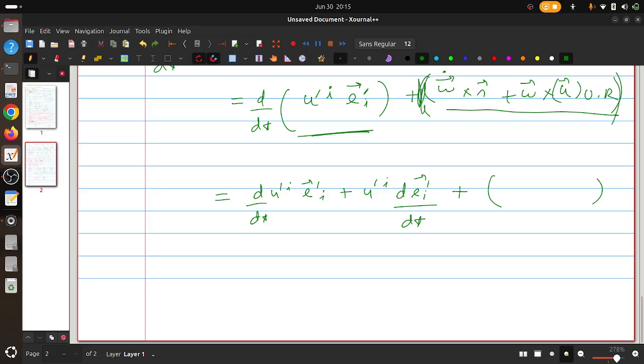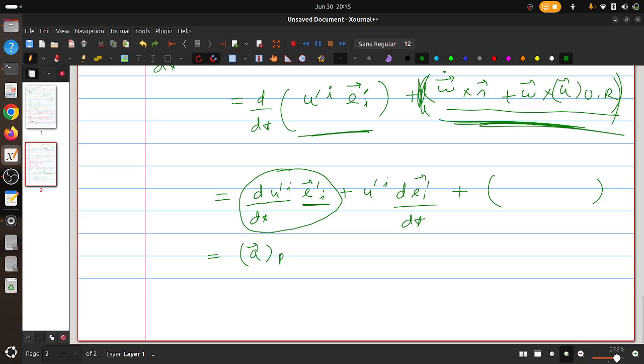So there is a single bracket here which represents this particular expression. So what is this first quantity? How do we identify this first quantity? So this is the derivative of the ith component of the velocity with respect to time and expanded over the primed basis vector. So this is nothing but the acceleration in the rotating frame.